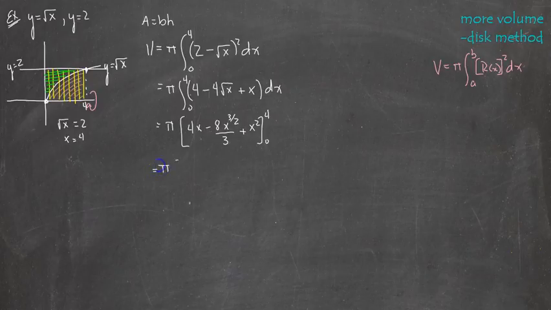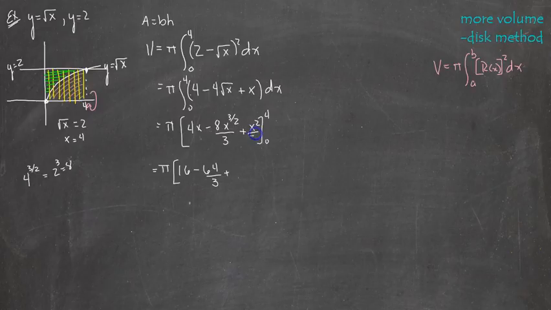So I have pi, 4 times 4 is 16, minus x to the 3/2. So that would be 4 to the 3/2. I think I'd rather take the square root first. The square root of 4 is 2, cubed, which equals 8. So this is 8 times 8 is 64 over 3, plus 4 squared is 16.